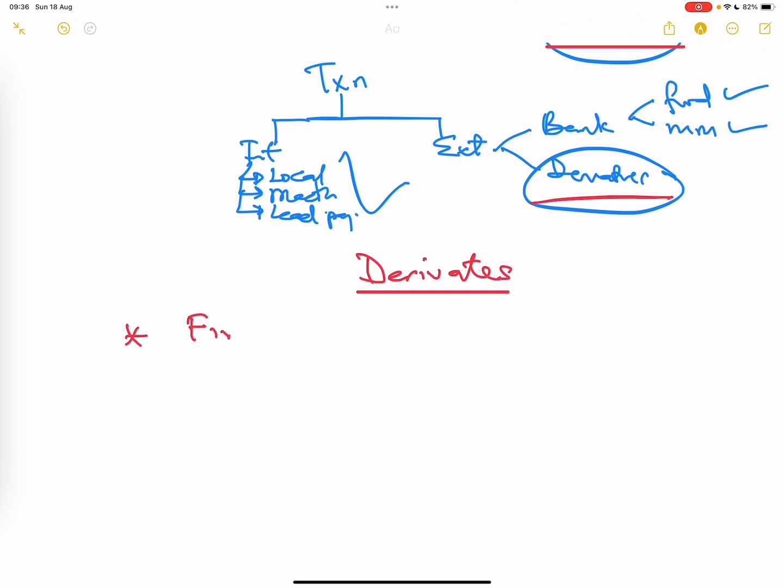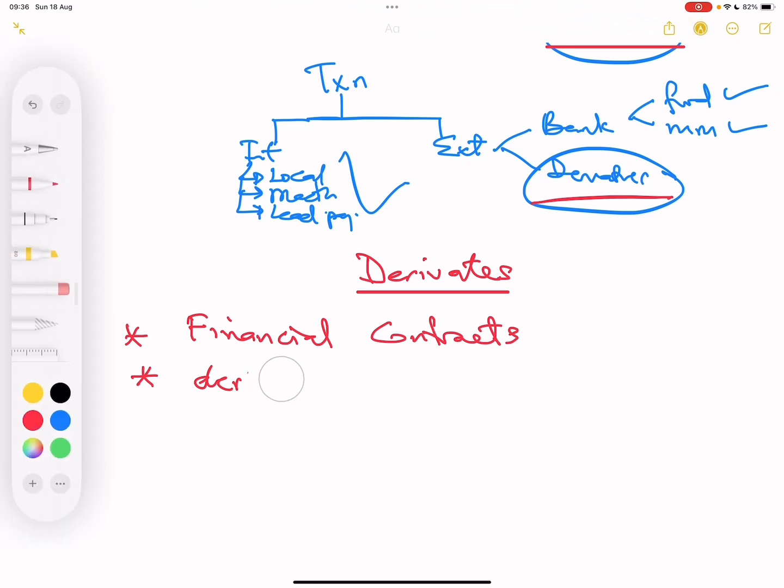Derivatives are financial contracts. So there are always contracts involved between two or three people, right? And those financial contracts don't have values on their own. So they usually derive their value from the underlying asset.